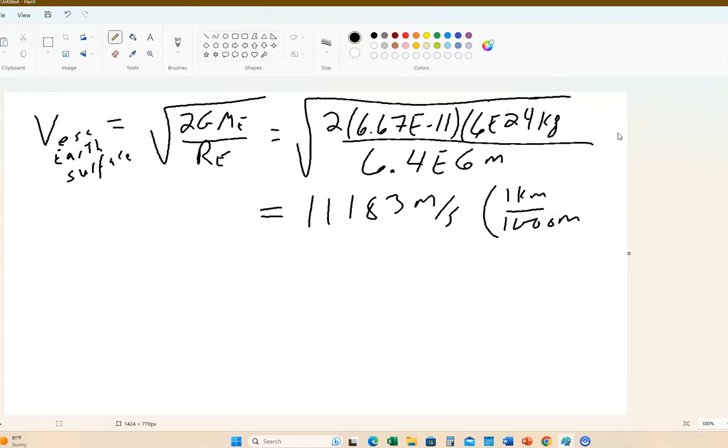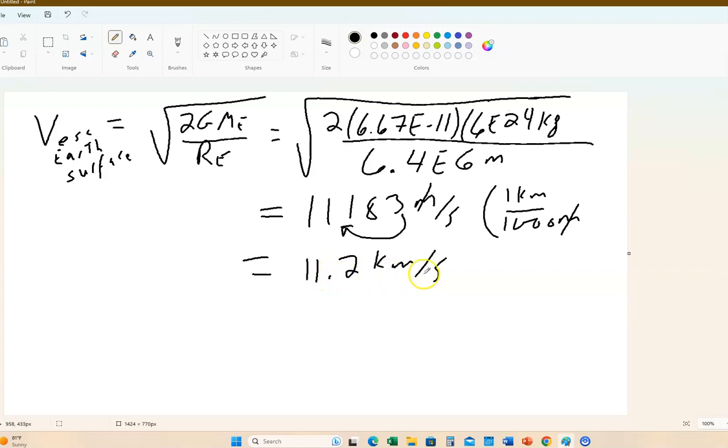So the meters cancel, and to change this, we just need to move the decimal point 3 places to the left. So if I round it, it's 11.2, right? So 11.2 kilometers per second. That's actually the escape velocity from the planet Earth.